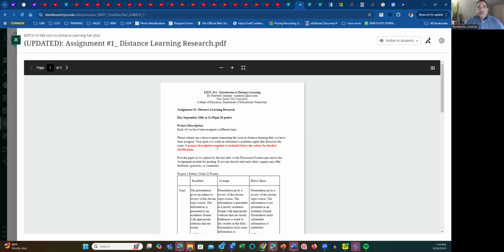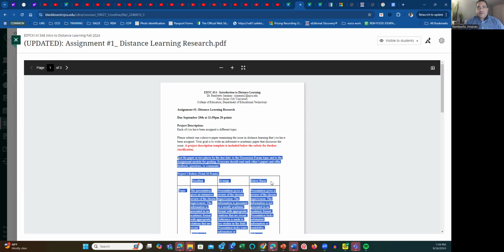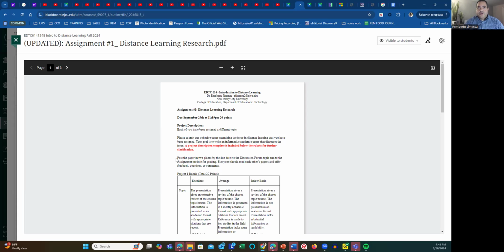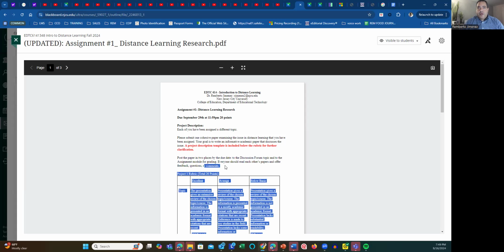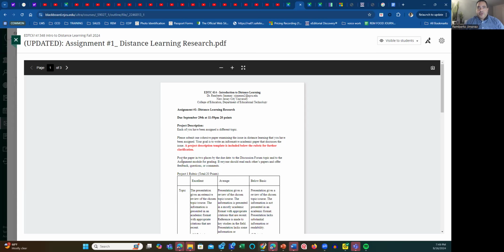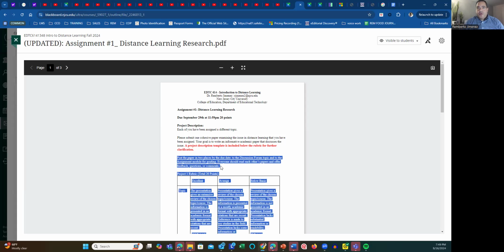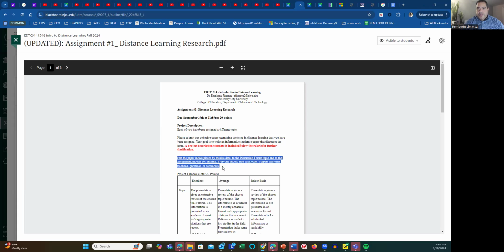Your goal for this case is to write an informative academic paper that discusses the issue. Now, if you look at the rest of the information here, it's not just about submitting your paper, but also about submitting it in two places. You need to post your paper in the discussion board forum for next week. This paper is due in week 4.